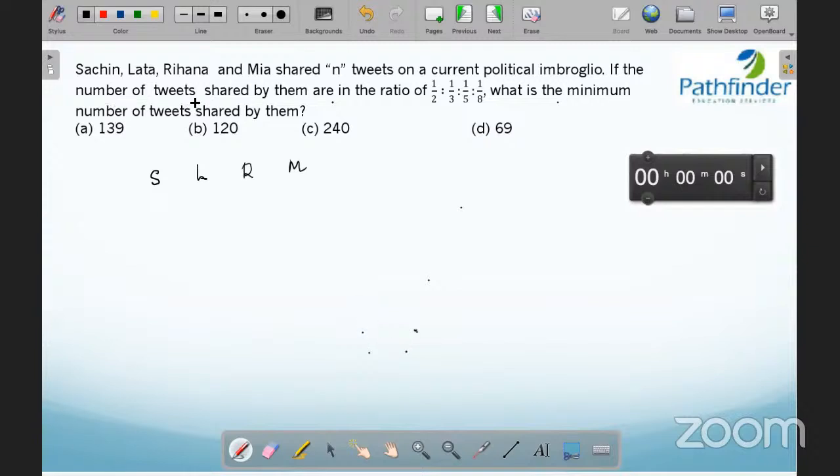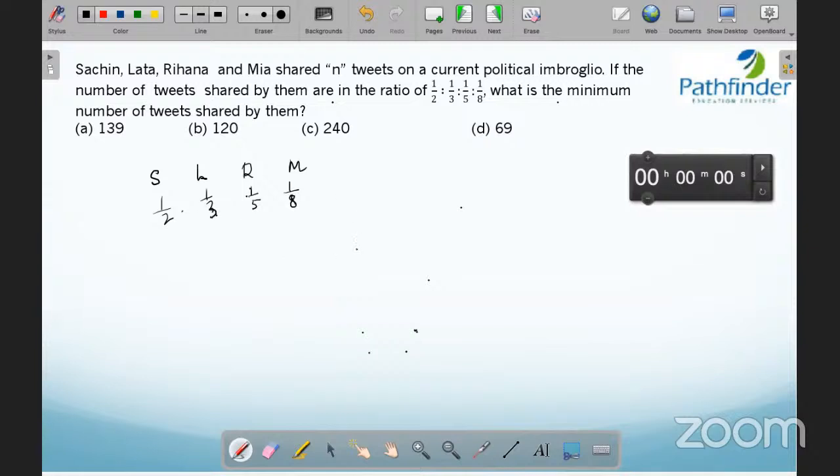If the number of tweets shared by them are in the ratio of 1 by 2, as to 1 by 3, as to 1 by 5, as to 1 by 8, what is the minimum number of tweets?